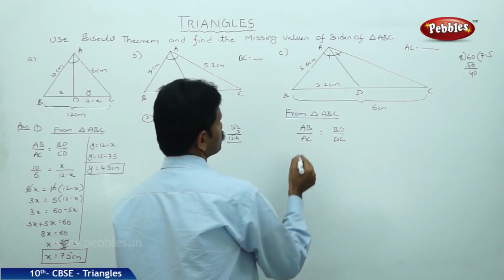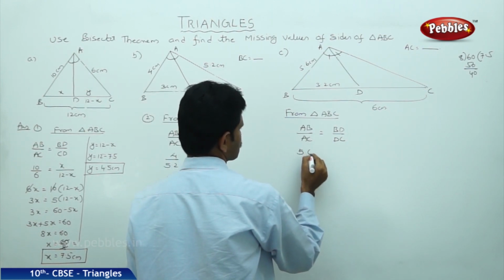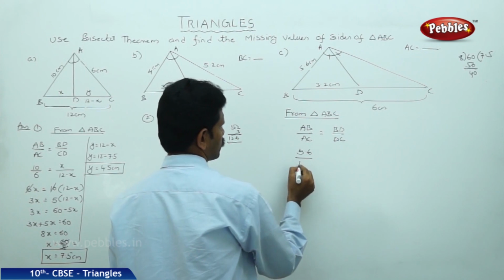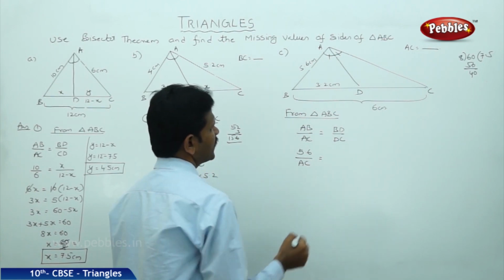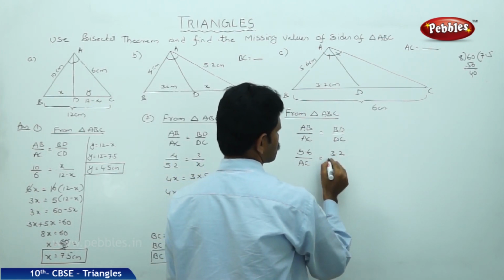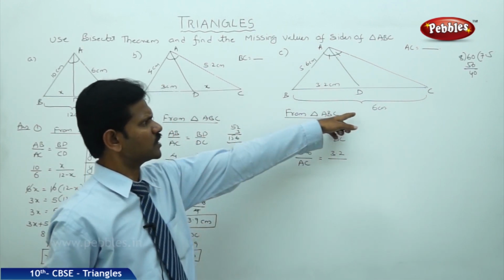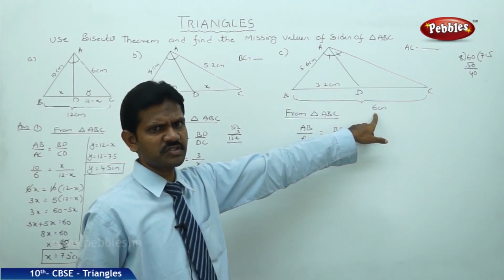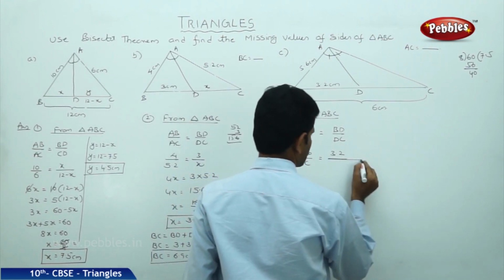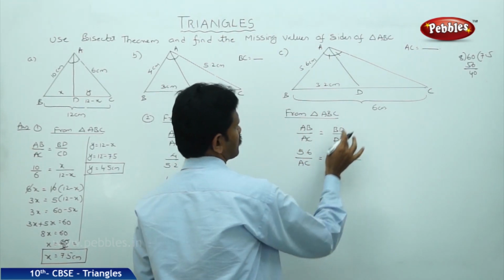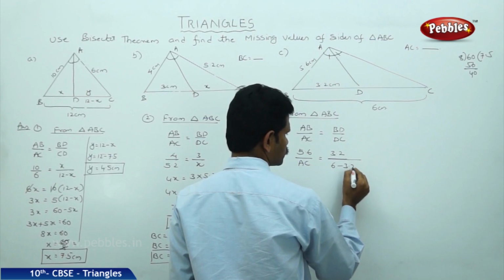Now AB value 5.6, by AC value we have to find out. BD value is 3.2 centimeters, and the total value of BC is 6 centimeters, so DC is 6 minus 3.2.